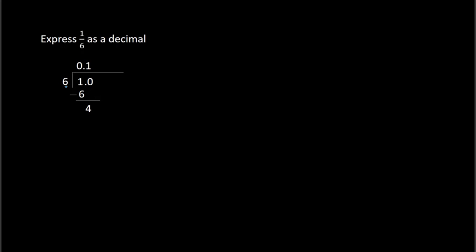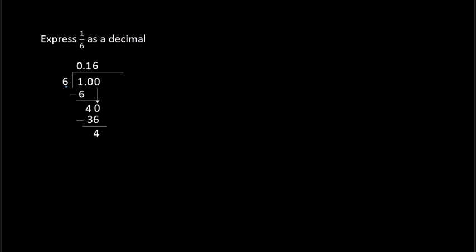Now there's a remainder, so I need to add another 0 after the 1, and then I bring it down to get 40, and then I see how many times does 6 go into 40. And that's going to be 6, so I have 6 up there, and then I multiply. 6 times 6 is 36. I subtract, and I get 4.